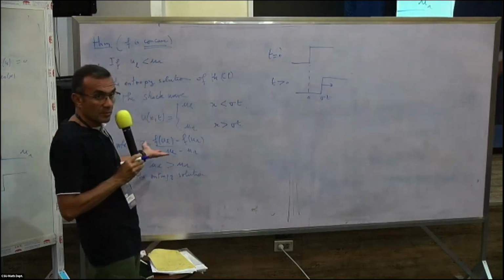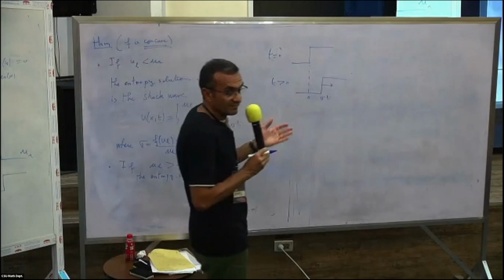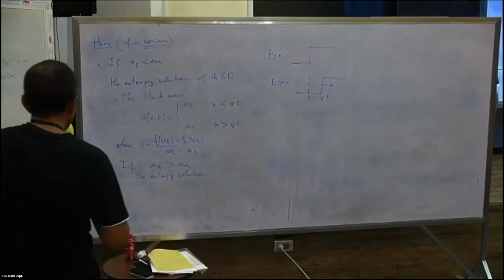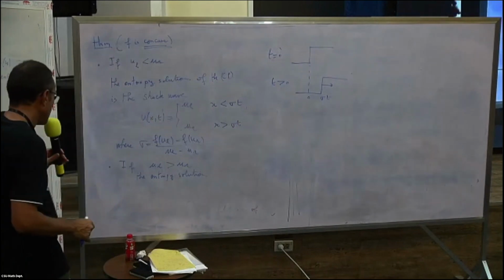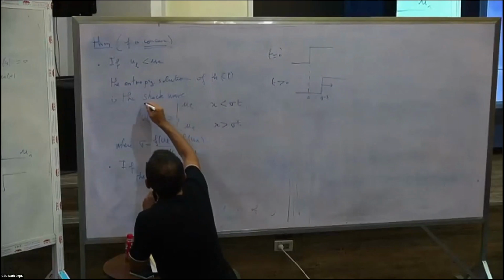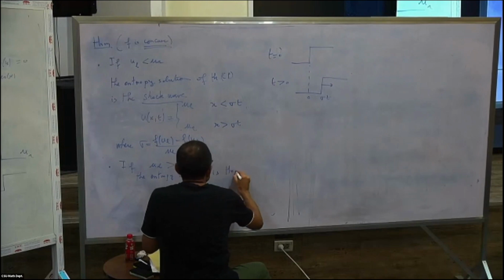It satisfies the equation with discontinuity sigma, but it's not the entropy solution that we have seen. This one is a shock wave. The entropy solution is the rarefaction wave.